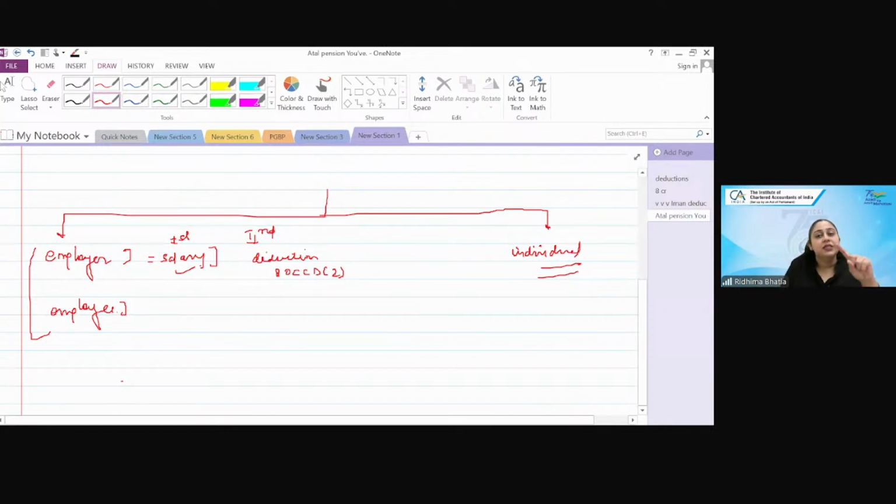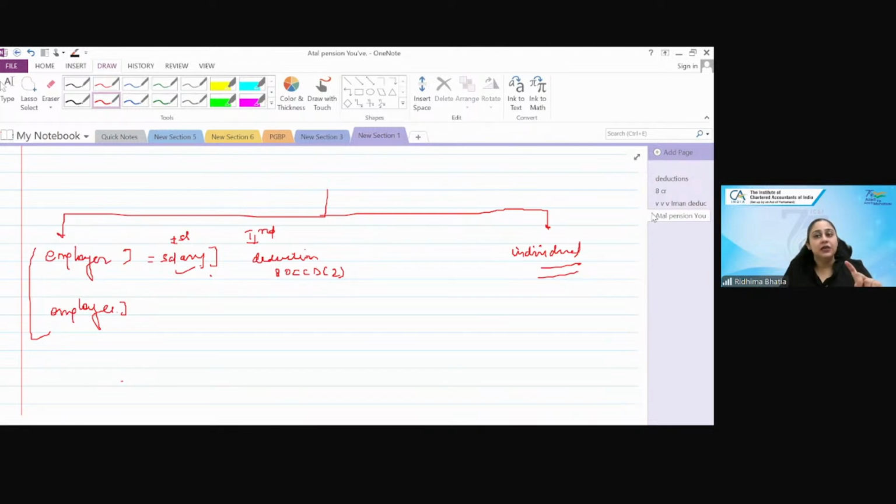So for the same contribution, the first impact is that it is treated as salary. Second, it is allowed as a deduction under 80CCD subsection 2. Even if the assessee is not making this contribution himself, he is still allowed the deduction under section 80CCD subsection 2.